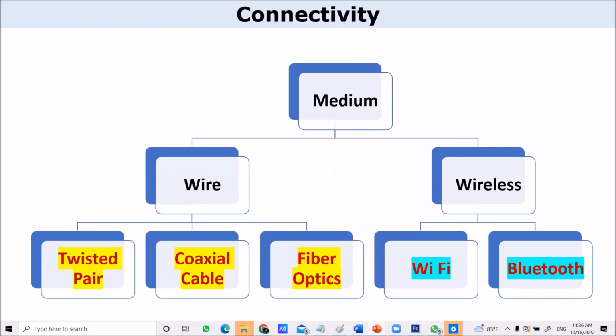Mainly there are 3 types of wire medium: twisted pair, coaxial cable, and fiber optic. These are the most popular wire media. There are wireless media also available: Wi-Fi and Bluetooth. These are the most popular wireless media. That's about connectivity.